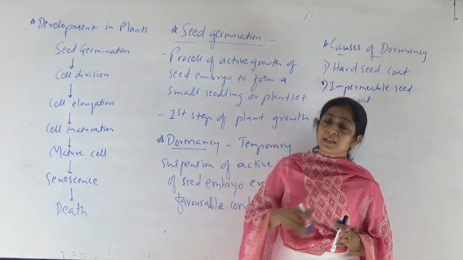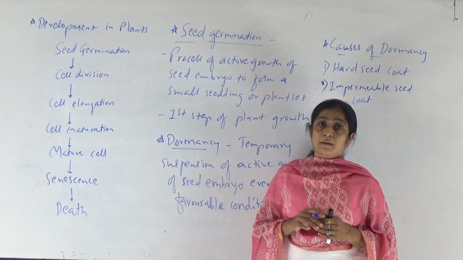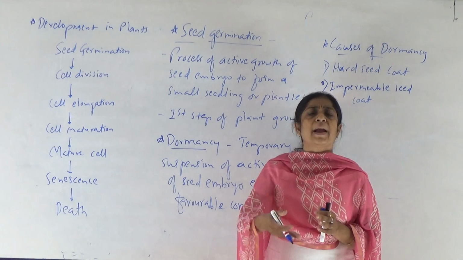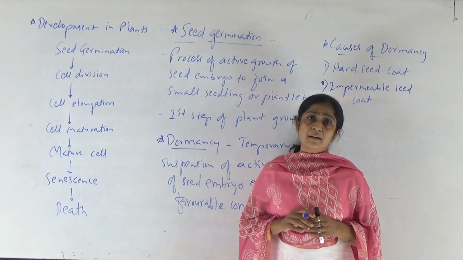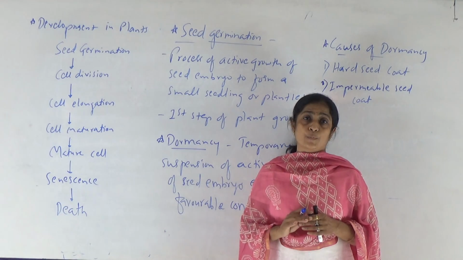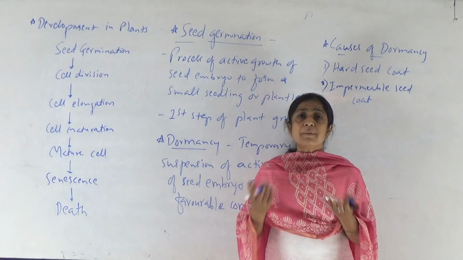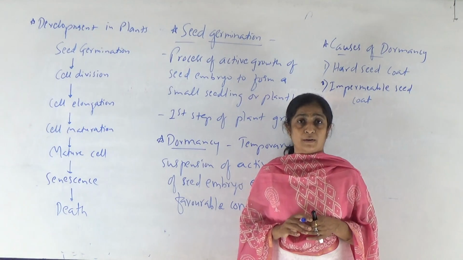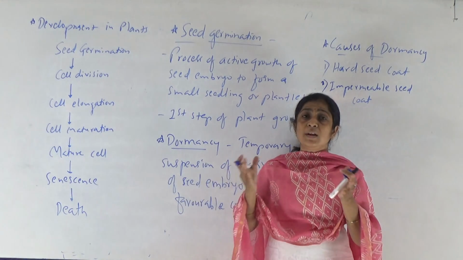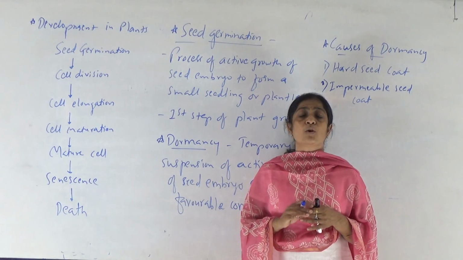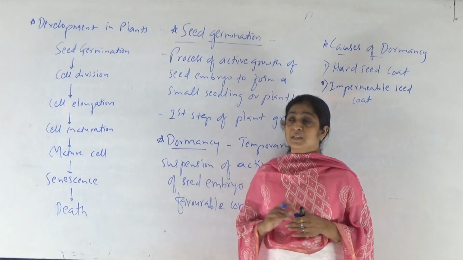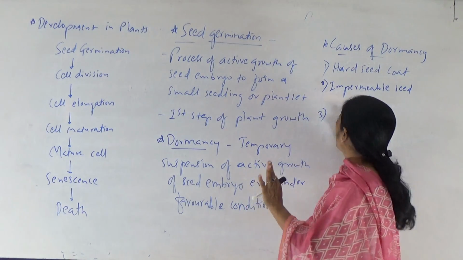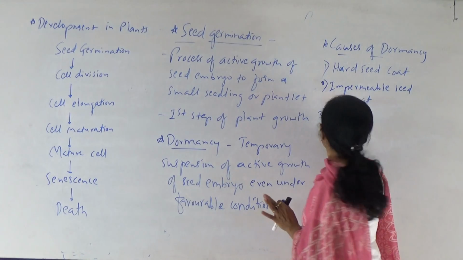But if the seed coat is impermeable, then very little water enters the seed, and that affects the growth of the embryo. Due to less availability of water, the seed shows dormancy. So impermeable seed coat is another reason for the development of dormancy in the seed.